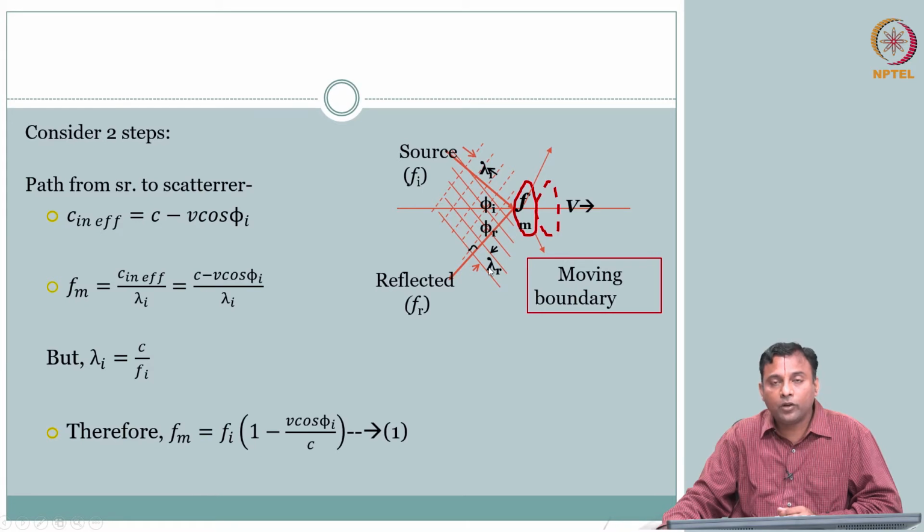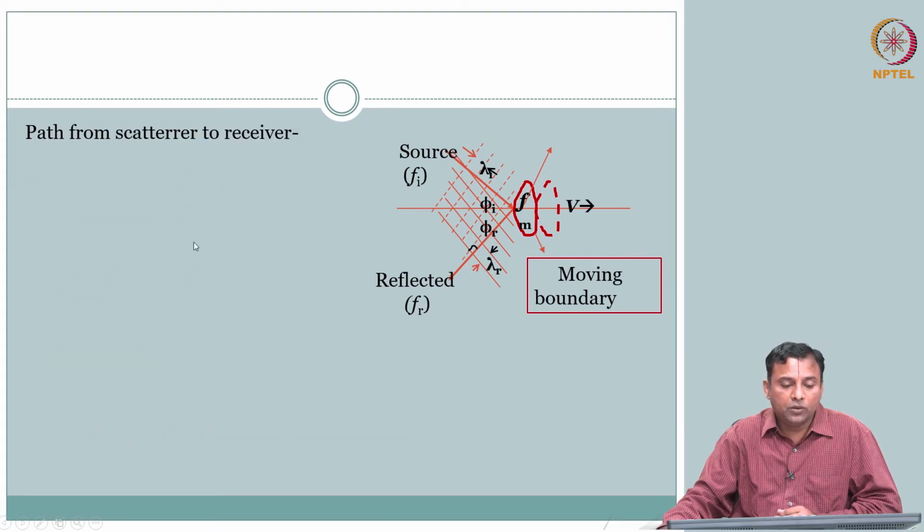Your fm cannot change, you are catching, you are sending out, reflecting. So your fm cannot change, but your c out effective can change. Of course, there is a lambda that we need to check.